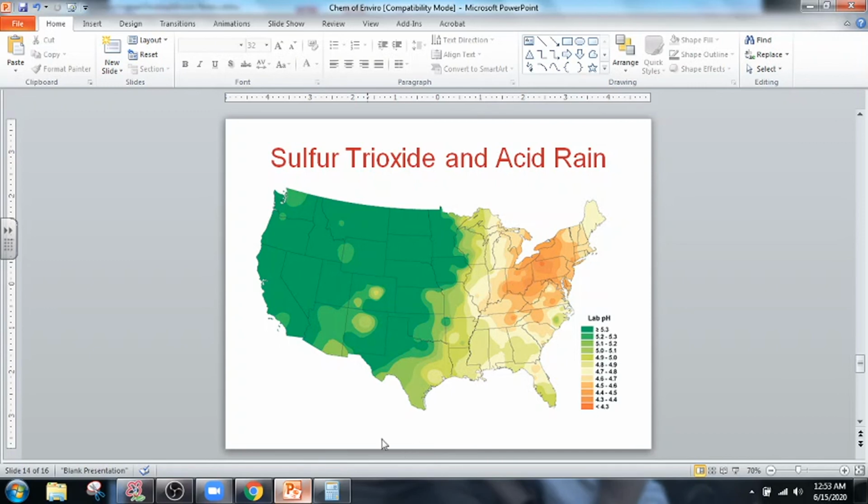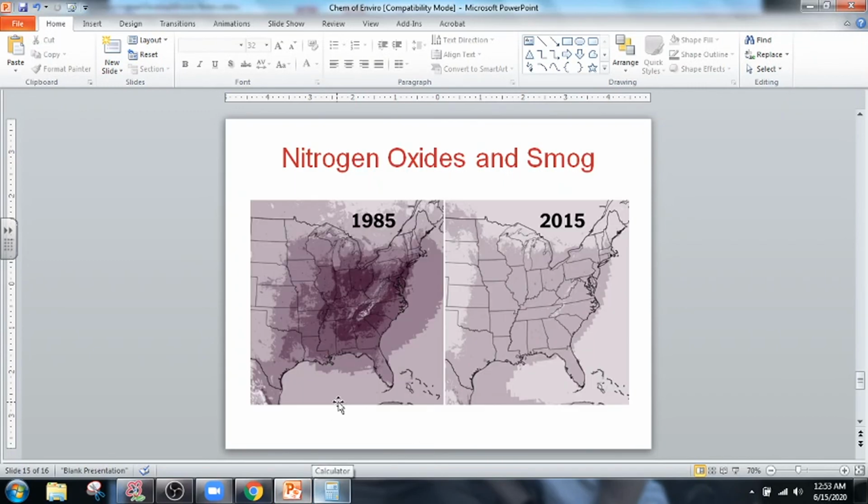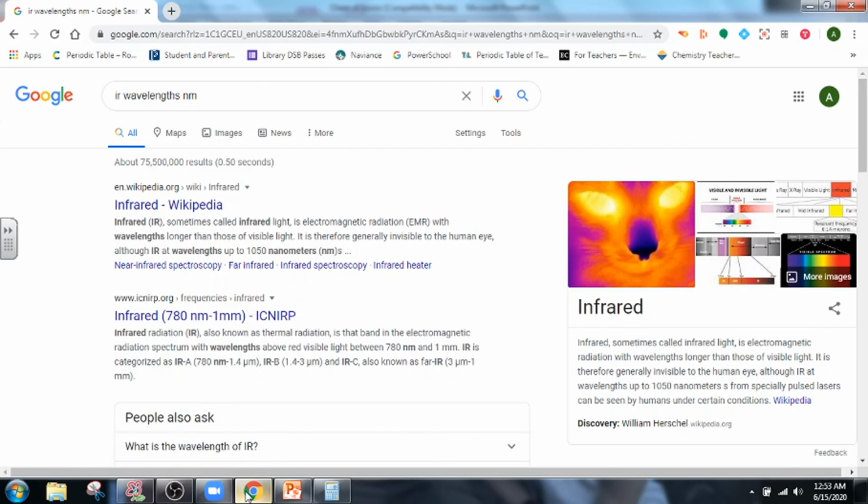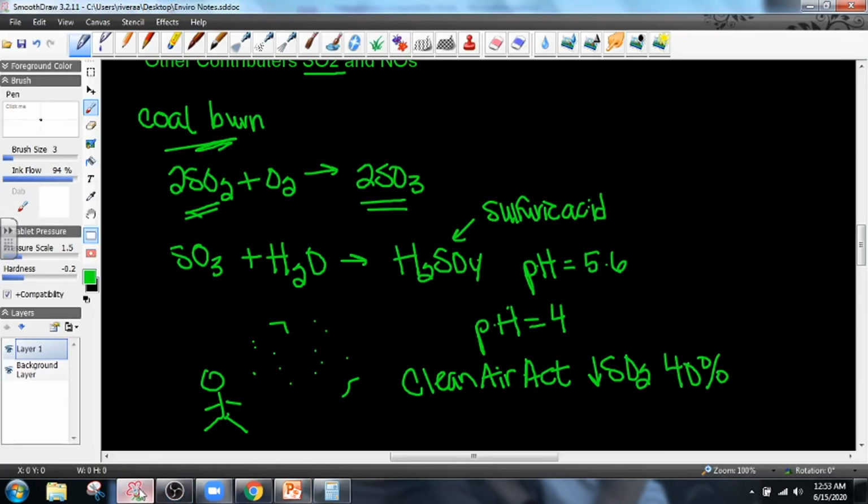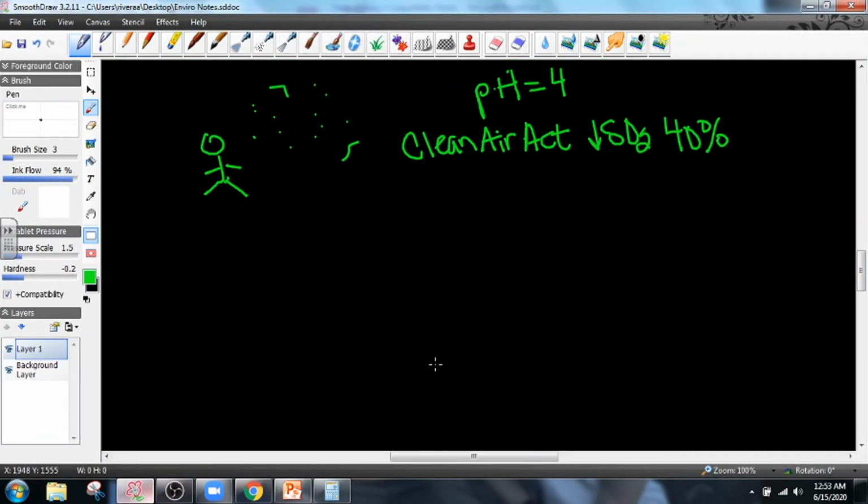Okay. Lastly, nitrogen oxides and smog. One of the things that comes out the tailpipe of your car is nitrogen monoxide. So here's what happens in the combustion of some vehicles.